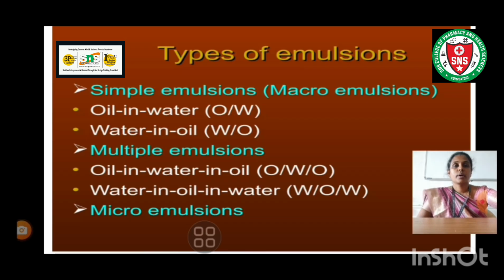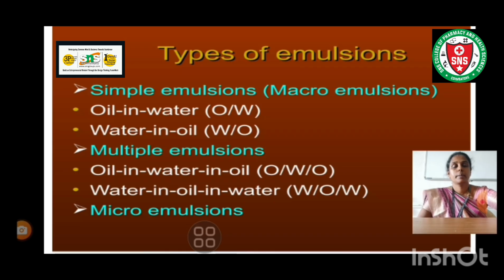Coming to types of emulsion, we have various types. Simple emulsion, which is also known as macro emulsion, oil in water emulsion, water in oil emulsion, and we have multiple emulsion also. In multiple emulsion we have two types.